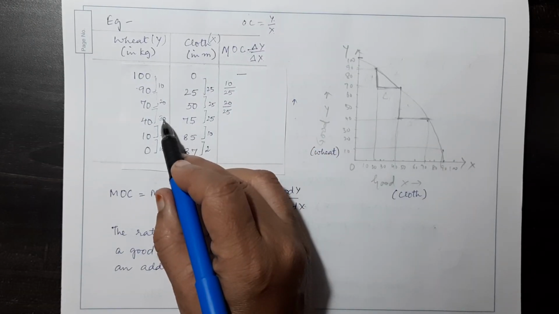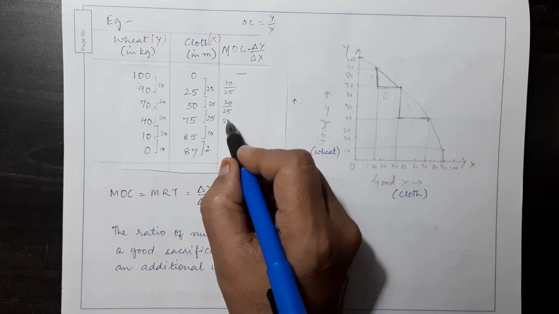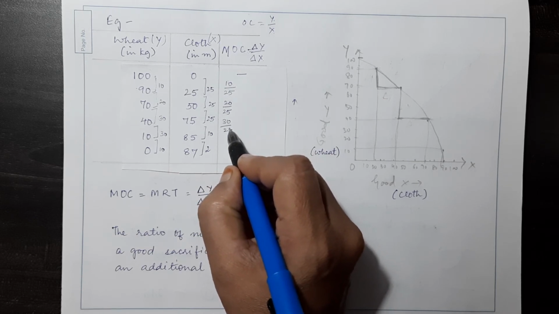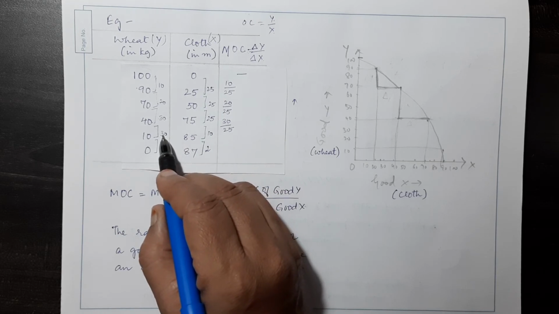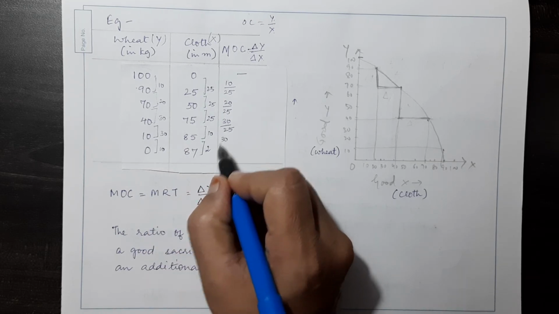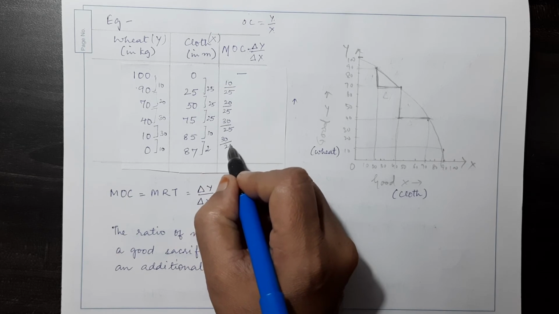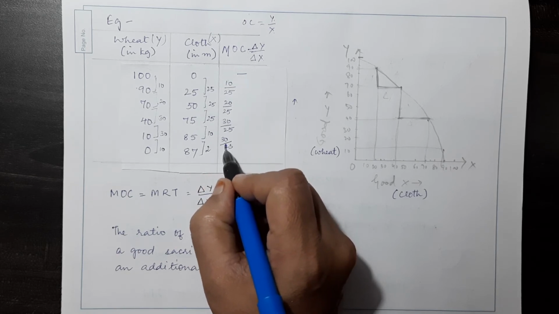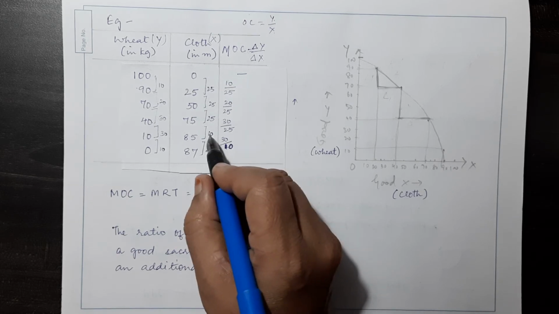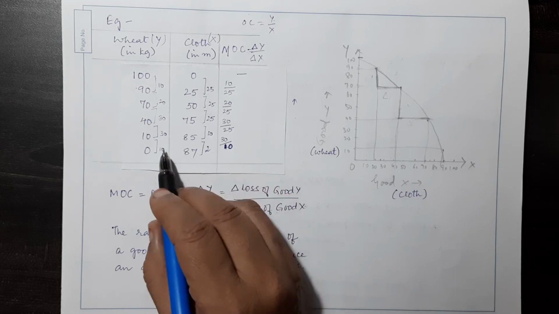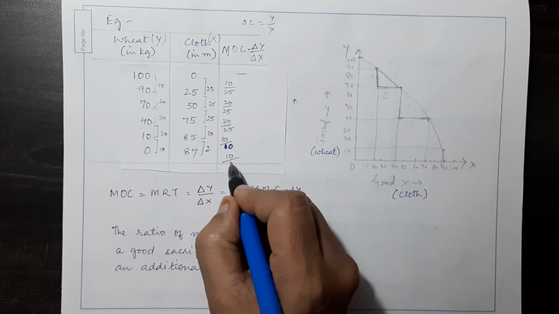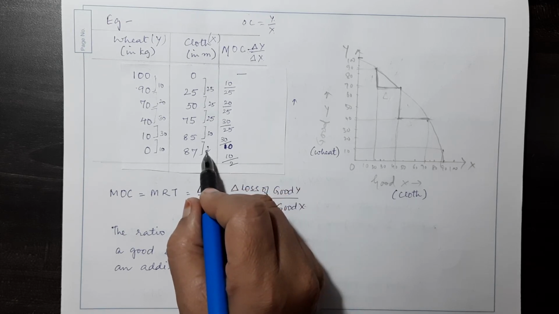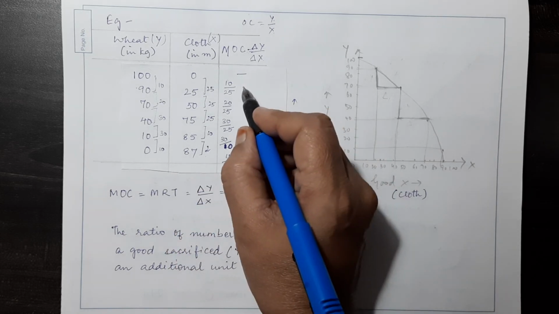Now here 30 units we are foregoing to produce another 25 units of cloth. Here at this stage, we are foregoing 30 units of wheat to produce 10 units of cloth. Now here in the last, we forego the rest of the 10 units to produce additional 2 units of cloth. Now let's calculate this.